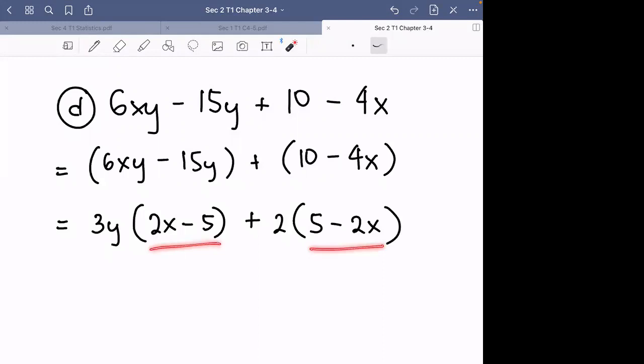But it's different. They have the same terms but different signs. So this is positive 2x, this is a negative 2x. What should we do with the 2 here? Should we factor out 2 or -2 to make this positive 2x?